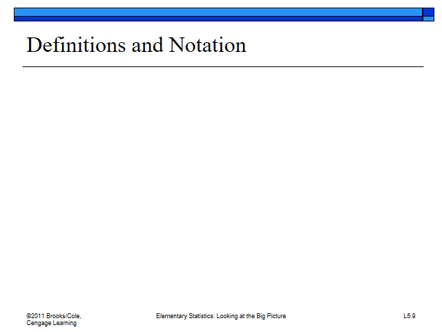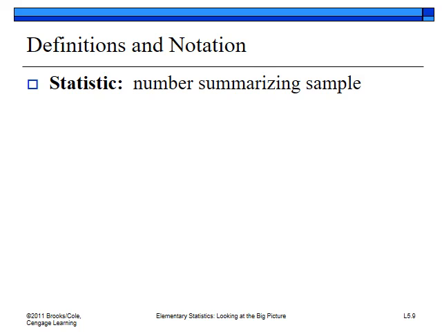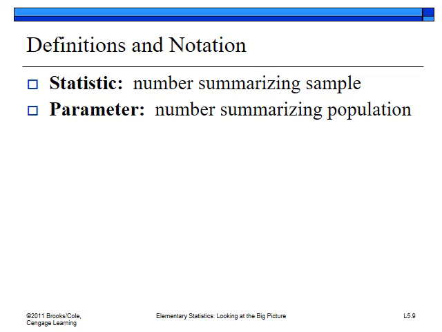Let's cover a couple of definitions and some notation. We will use the term statistic, which is separate from the science overall of statistics, to refer to a number that summarizes a sample. Parameter will be the corresponding number for when we are talking about a population.